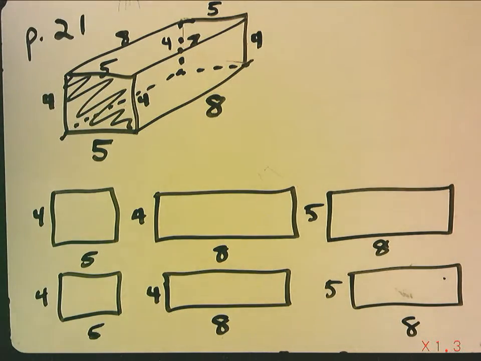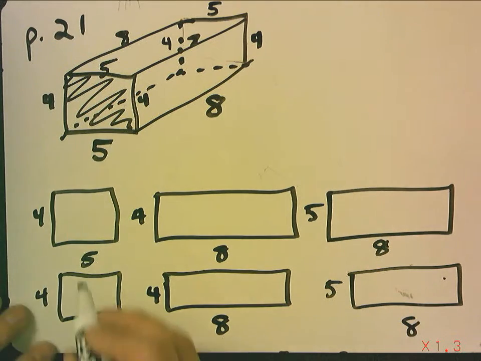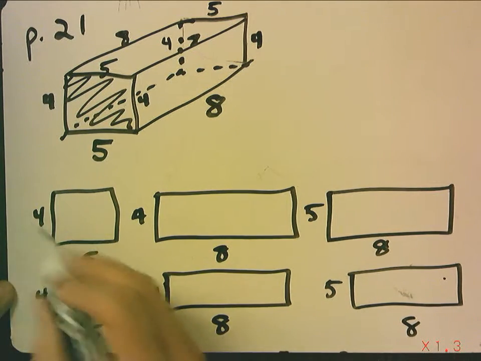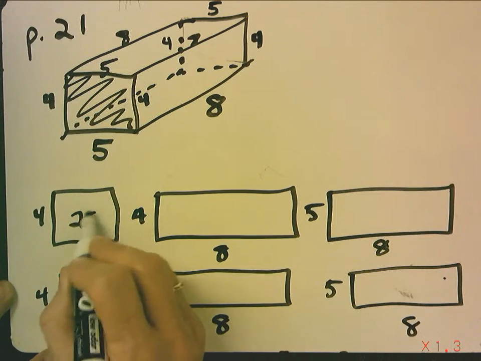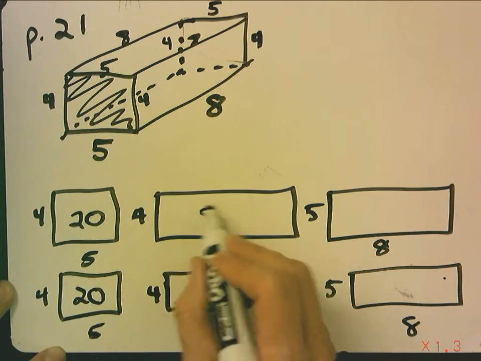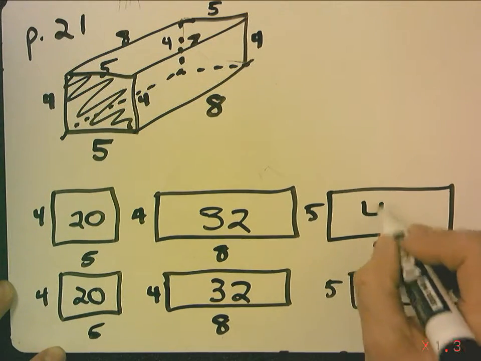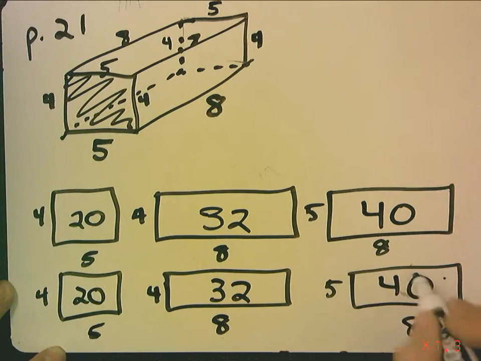So to find the surface area of the entire rectangular prism, I just have to find the individual areas of the faces. That's pretty easy, because area equals length times width. 4 times 5 is 20, twice. 4 times 8 is 32, twice. 5 times 8 is 40, twice.